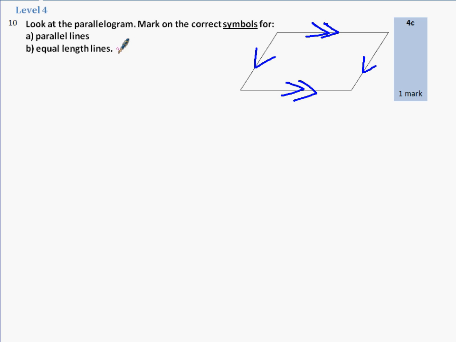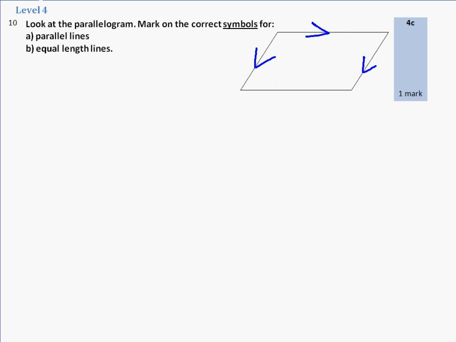And then in terms of equal length lines, we've got a side here and a side there that are equal, and then a side here and a side there that are equal. And as before, you could have put the singles up here and the doubles over here. What I wouldn't want to see is the doubles separated like that. That wouldn't be quite right.